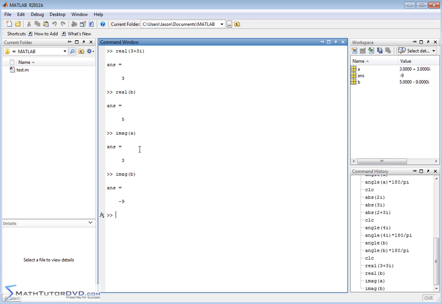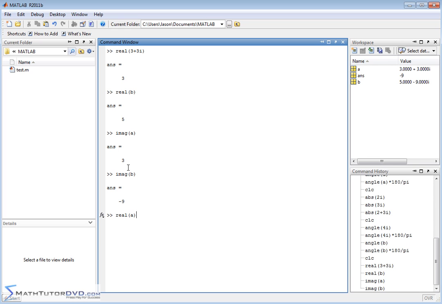These are things that you would probably not use so much when you're just working with these basic complex numbers, but you might use them a lot if you're programming in MATLAB. Maybe you're writing a function with a very long calculation, an integration or something like that, the result of which might be complex. Well, then for your final answer, maybe you want to strip away the imaginary part and only give yourself the real part in the final display of the answer.